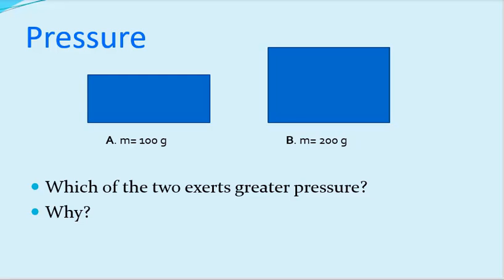Okay, now let us recall what pressure is. I want you to look at the illustrations. We have A and B. Which of the two blocks do you think exerts a greater amount of pressure? And why? If you have two blocks wherein the areas of contact are the same, but the weights are different, so we have different masses, therefore it follows that they have different weights.